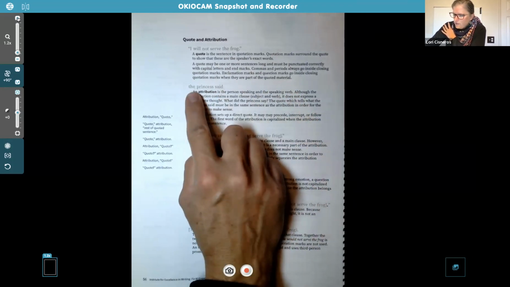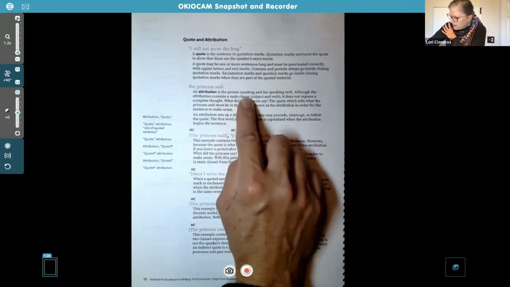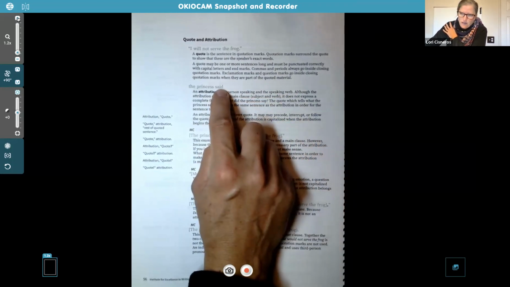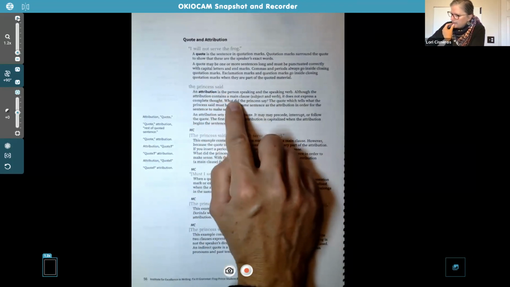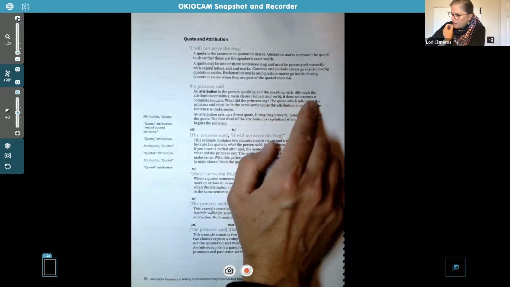And then we have the attribution, the princess said. The attribution is a person speaking and the speaking verb. So here we have said, but that's a banned word now for us. So you would have to come up with something other than said if you're using that in your stories. Although the attribution contains a main clause, subject and verb, it does not express a complete thought.